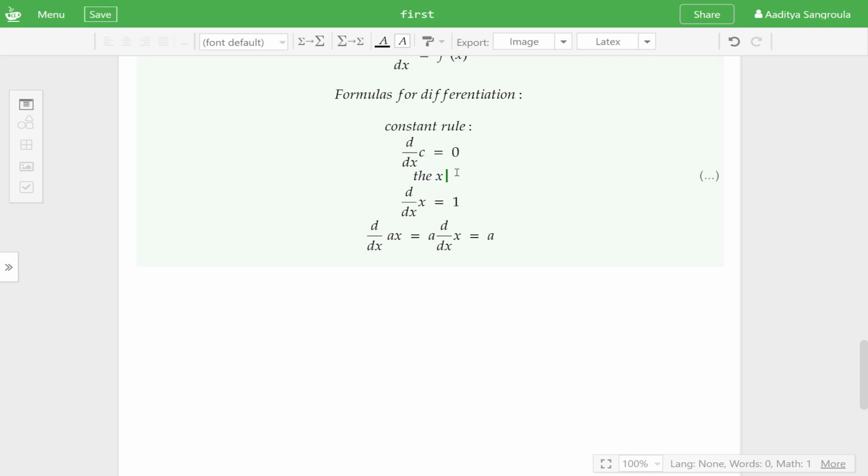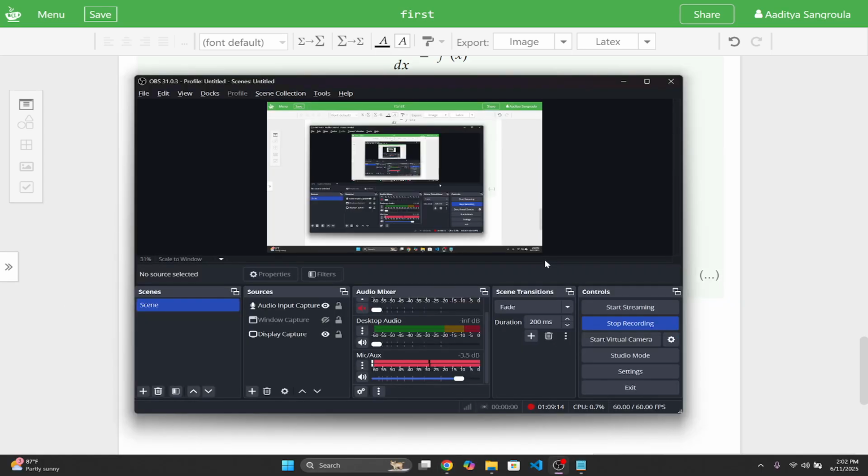The x rule, okay, this name does not exist, but I'm creating it myself. And this is going to be the constant variable rule. And then now comes the power rule. So these are some rules.